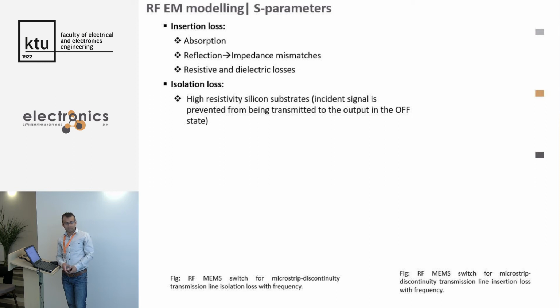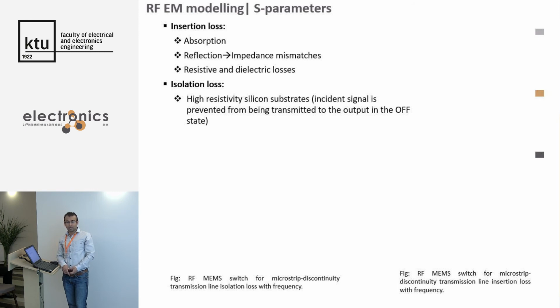From the literature, an insertion loss of around 1 dB is optimum for 50 gigahertz RF switches. In my study, I got insertion loss results of around 0.001 to 0.005.